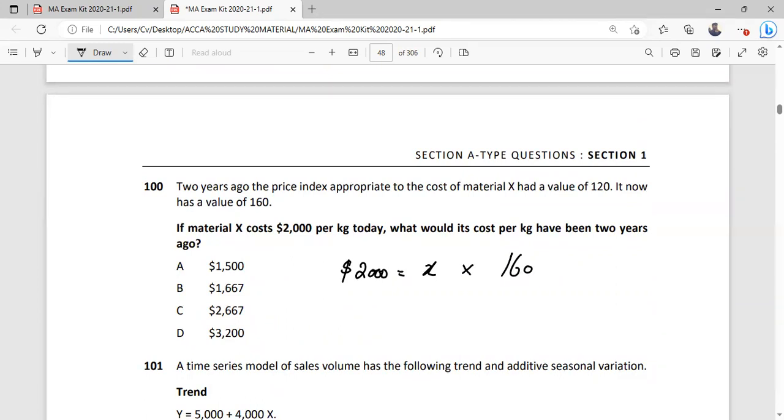Current index is 160 divided by prior index is 120. So you can calculate 2,000 divided by 1.333 is equal to X. So the answer is 1,500.